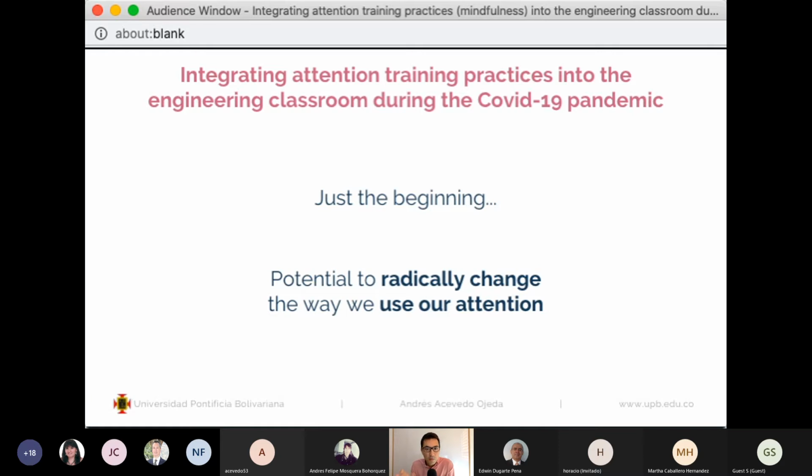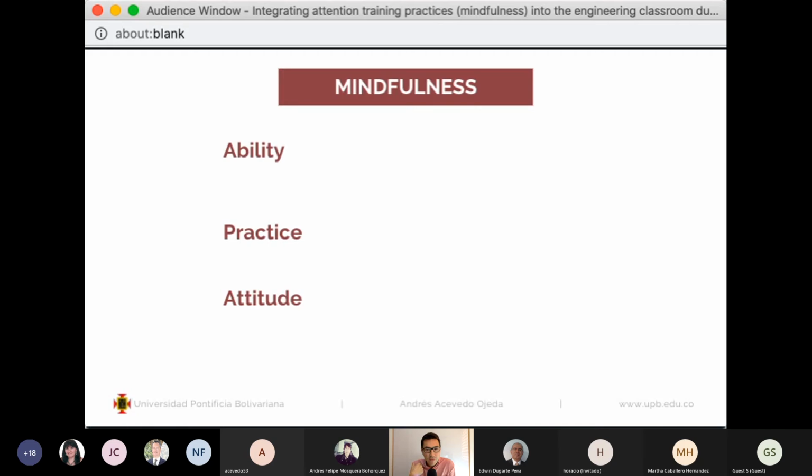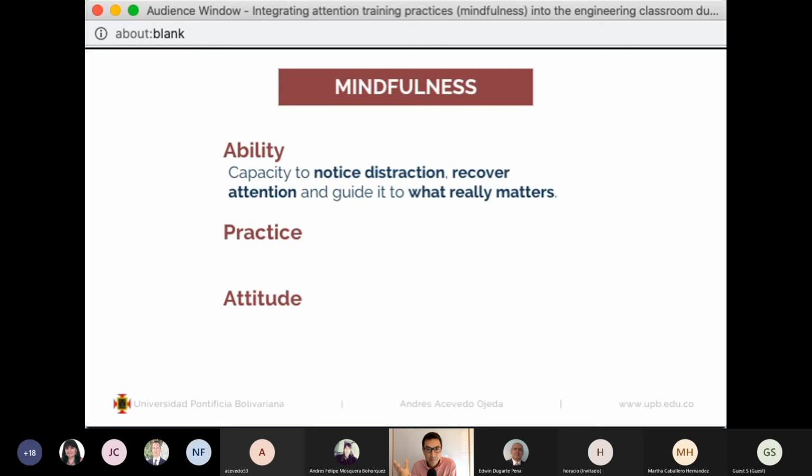And I want to leave you with my very personal take on mindfulness. I view mindfulness as an ability, as a practice, and as an attitude towards life. As an ability, it implies the possibility to regulate attention.